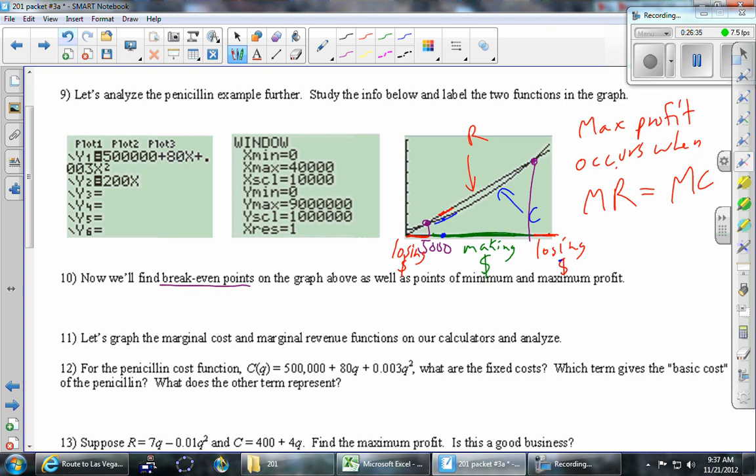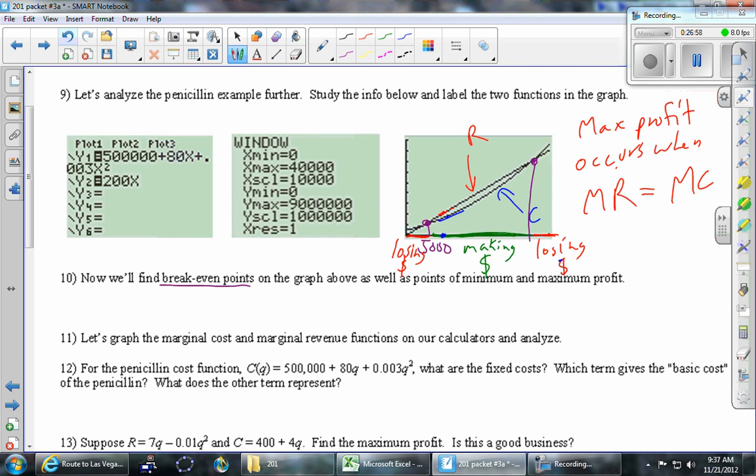Which one is steeper at that point? Maybe that tangent line at the bottom didn't look so good. Let's try that again. So at that point right there, maybe that's a little better. Which one is steeper? The revenue one, which means that the revenue you get from producing one more is more than the cost that you pay for producing that one more.